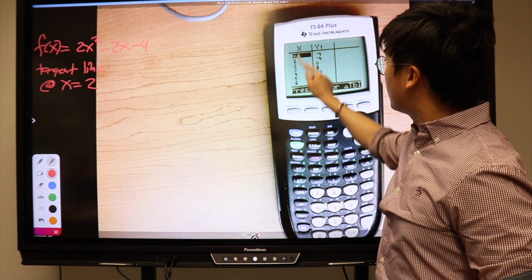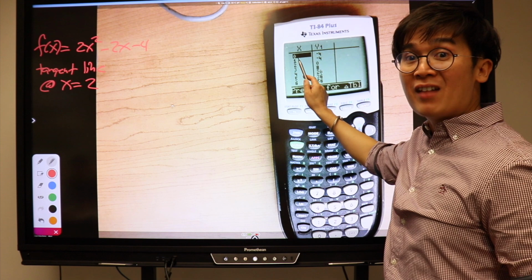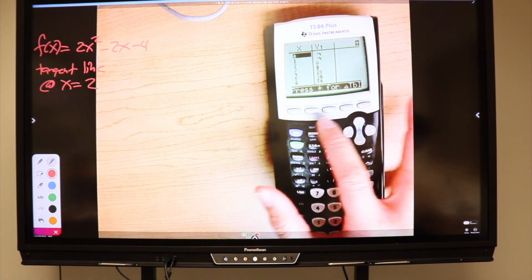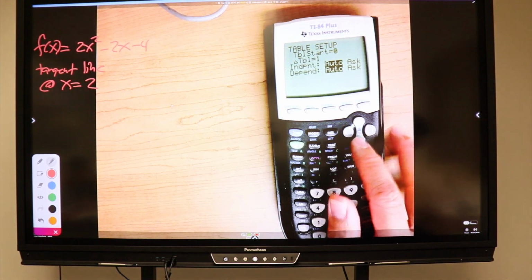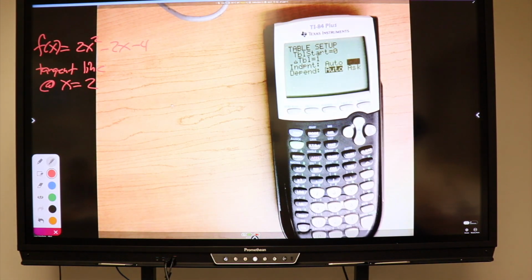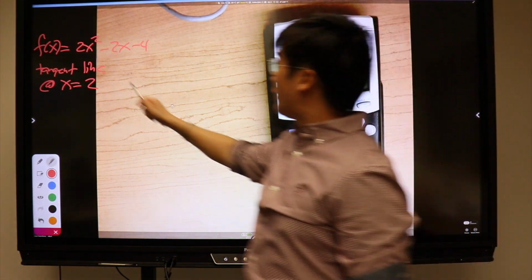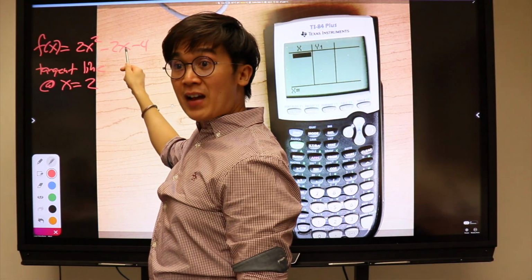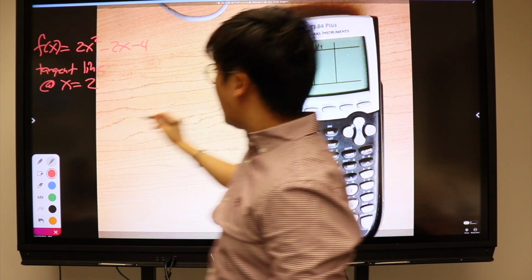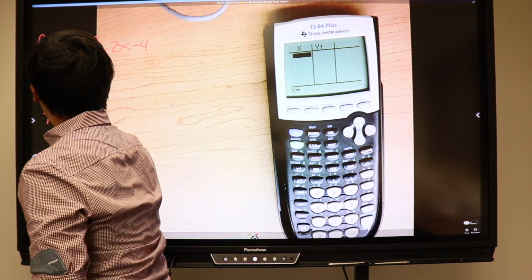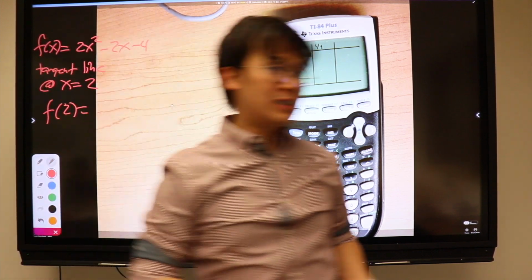How am I going to get rid of this so that I can plug in the values of x on my own? Second table set. And I will change it into ask. Alright? Now, for every given value of x, I'll be able to find the value of y using my calculator, right? So, at f of 2, what is the value of y?